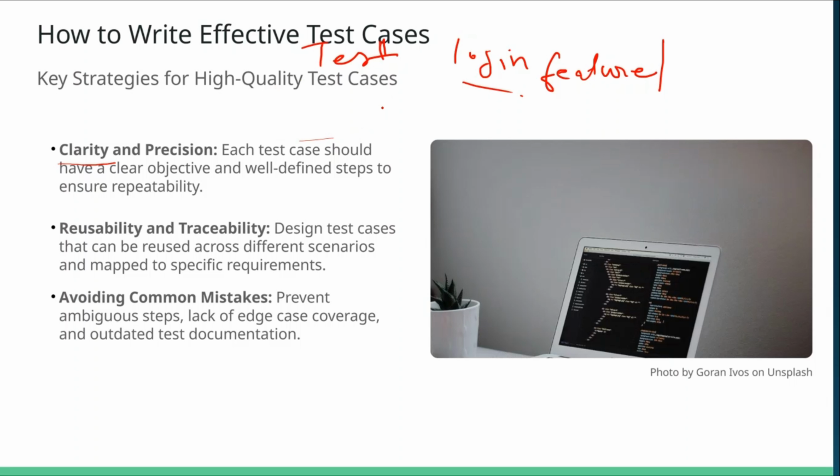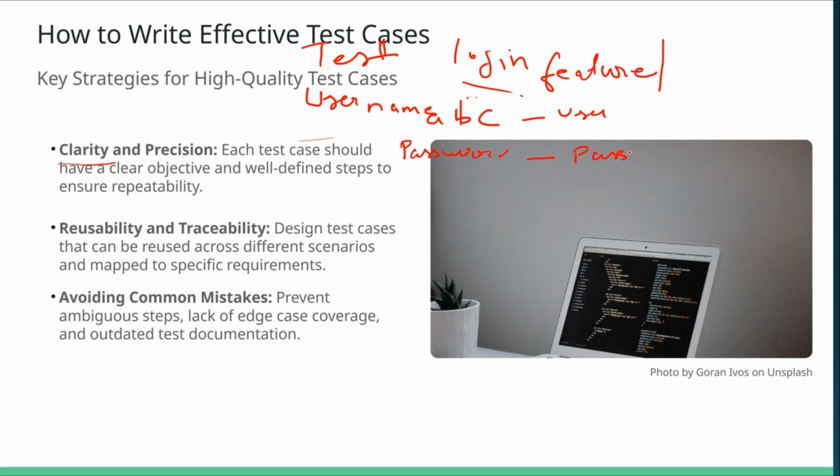So how do you write a test case? Step one: provide username. Then there could be a column where you write test data, so the test data could be ABC user. The next step would be provide password. Password could be anything.